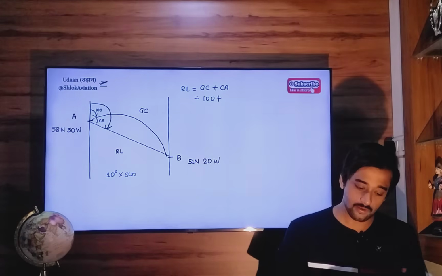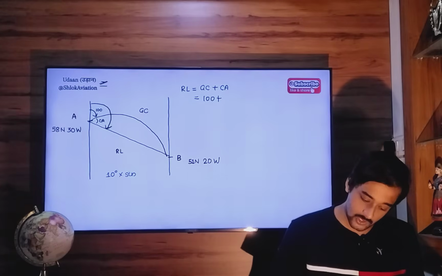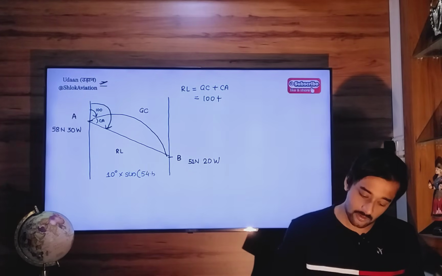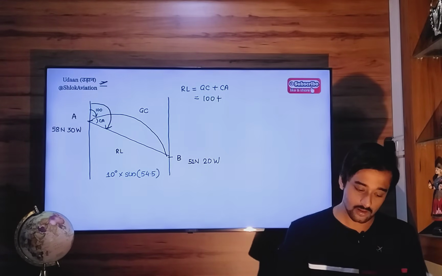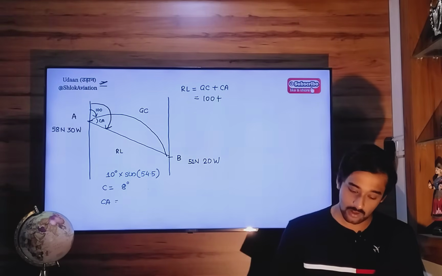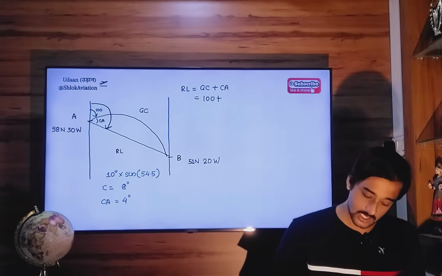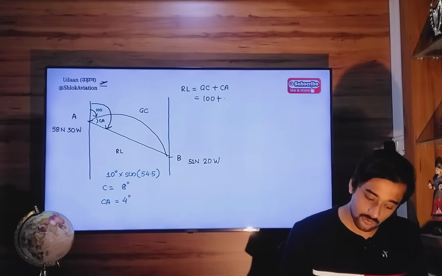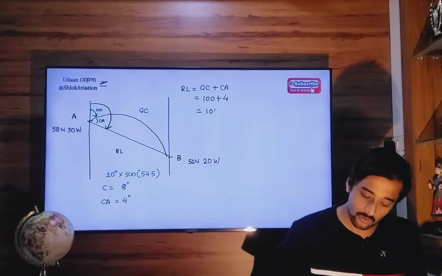So 51 plus 58 divided by 2, 54.5. So sine 54.5 into 10 is 8 degrees 8 minutes, or approximately 8 degrees. So the convergency angle will be half, 4 degrees. So 100 plus 4 is 104.